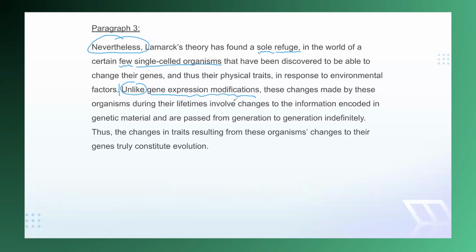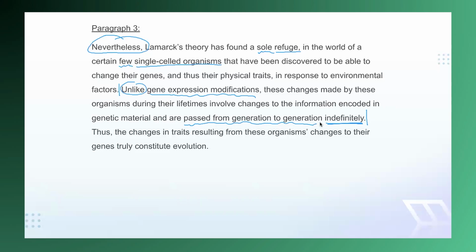Okay, unlike gene expression modifications, these changes made by these organisms during their lifetimes involve changes to the information encoded in genetic material and are passed from generation to generation indefinitely. Pause. All right, so this sentence opens with an explicit contrast to gene expression modifications. So we are primed as we read the rest of the sentence to look for further contrast with gene expression modifications. And we see it at the end of the sentence.